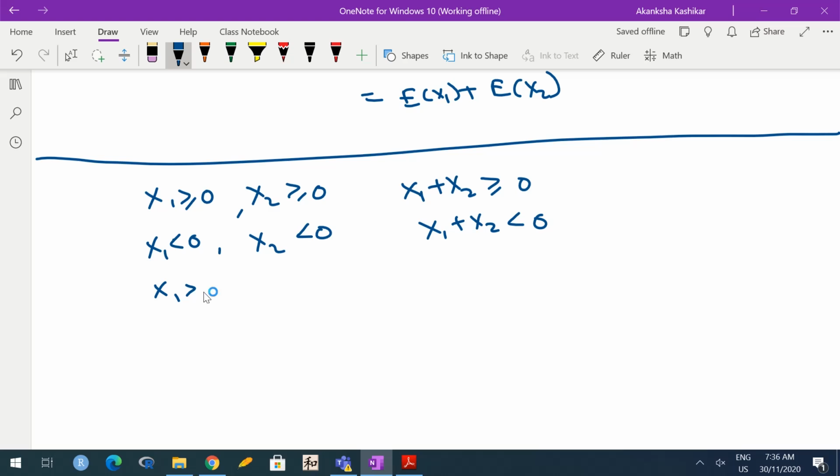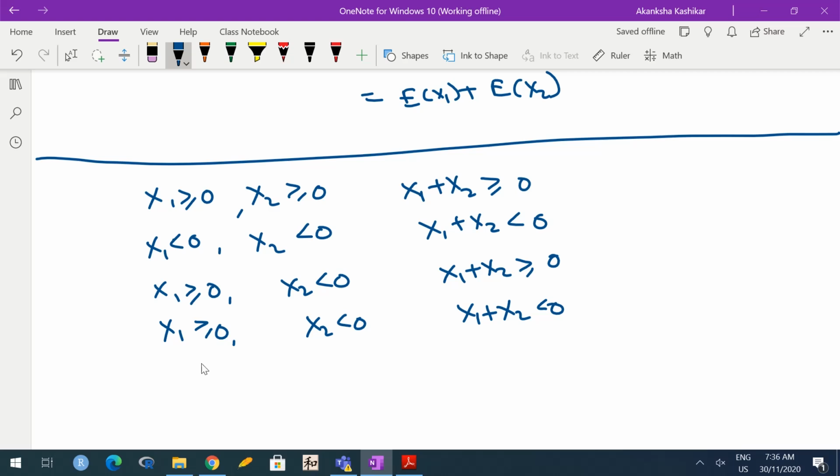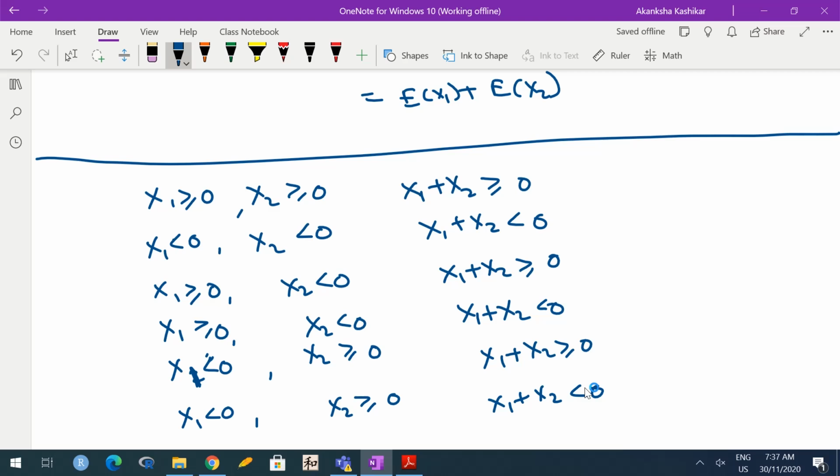You can have another part where x1 is non-negative, x2 is negative, and x1 plus x2 can be anything. So one possibility we have to consider is x1 plus x2 positive. Another possibility in the same setup is x1 plus x2 negative. Then the reverse possibility: x1 is negative, x2 is greater than or equal to 0 and x1 plus x2 greater than or equal to 0, and x1 negative, x2 positive but x1 plus x2 negative. So have we covered all possibilities? These are 6 possibilities.